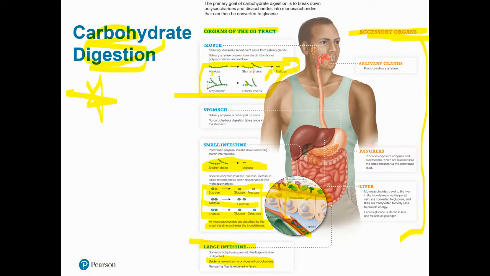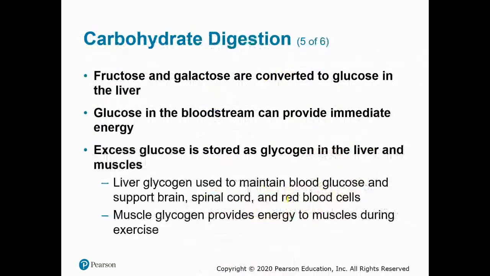So fructose, glucose, and galactose can then all enter the blood, and they do, and they travel to the liver. Fructose and galactose get converted to glucose in the liver, and then we have all sorts of glucose. So once the liver processes fructose and galactose into glucose, it can send those back out into the blood.